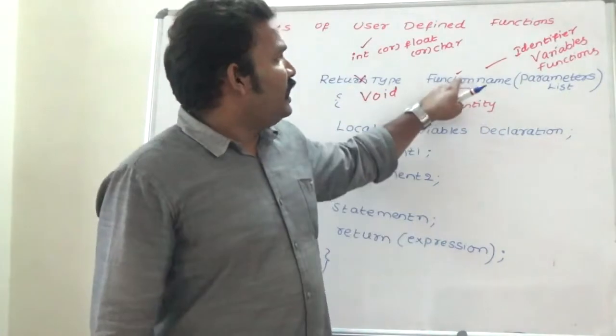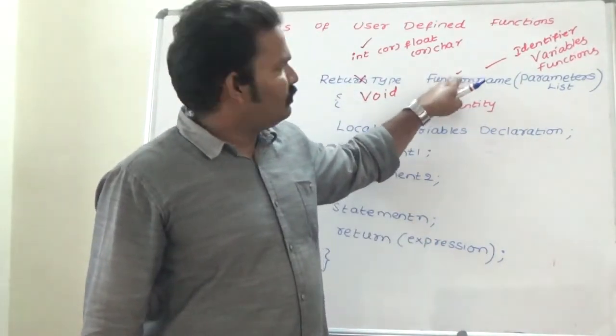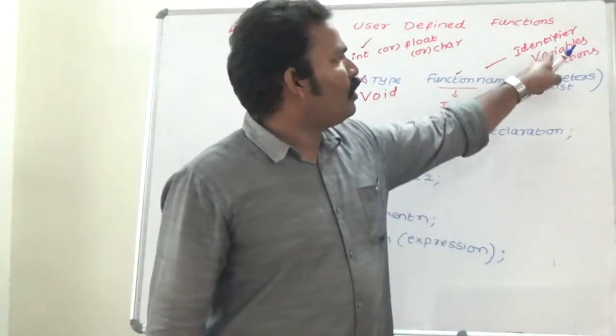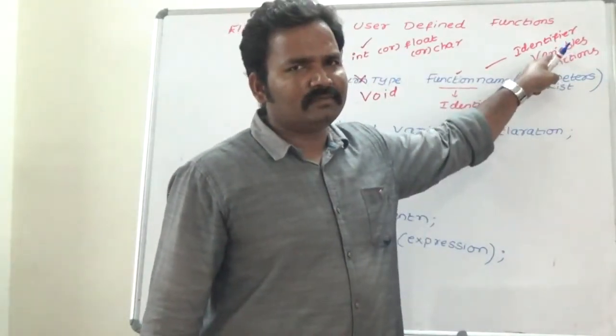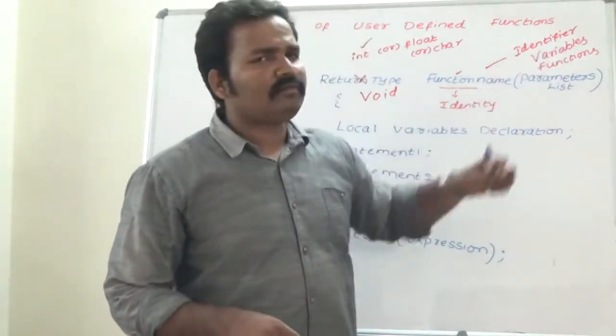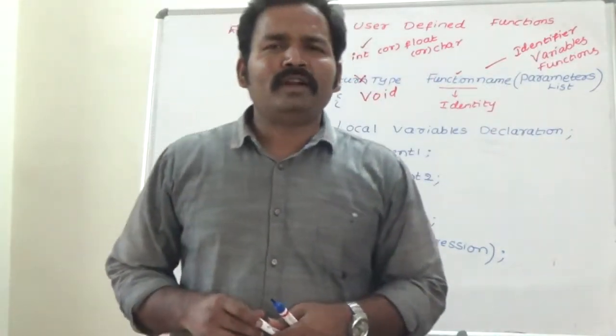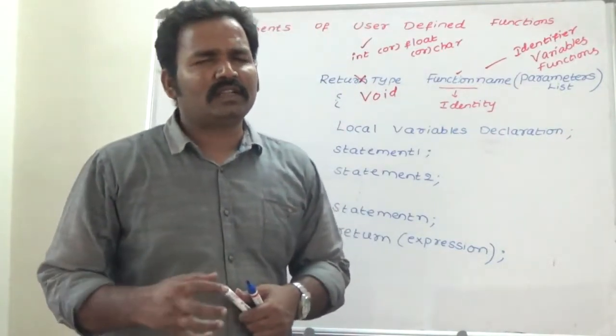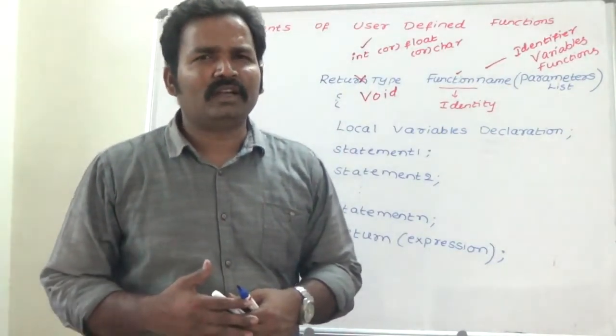Next, it should follow the rules. Function name should follow the rules of forming variables. While constructing variable names, we should follow some rules. What are the rules we should follow? Already we know.